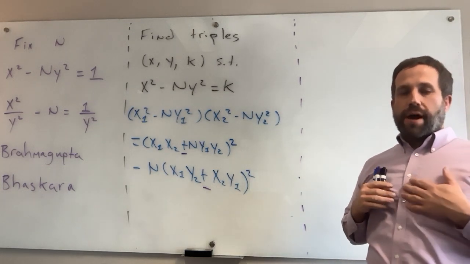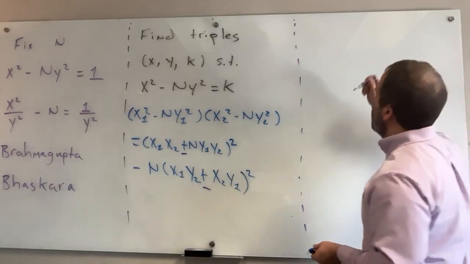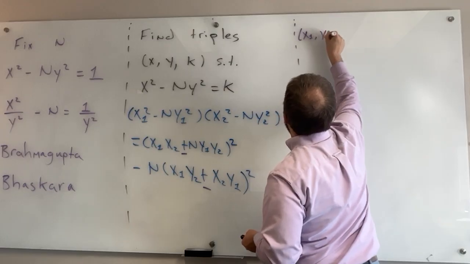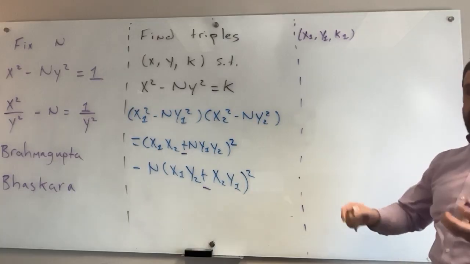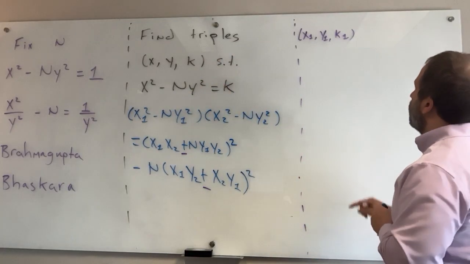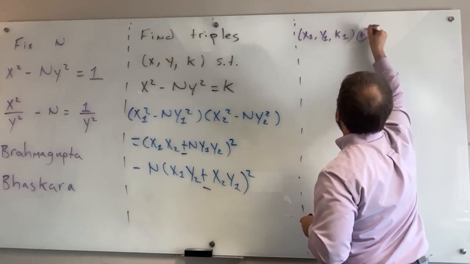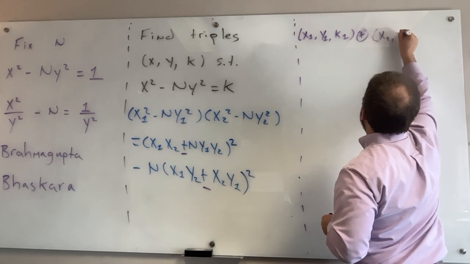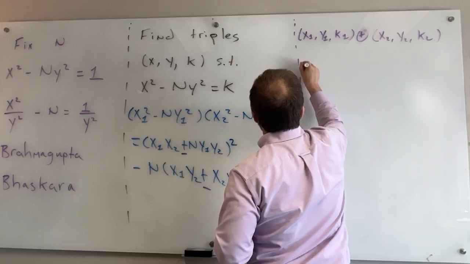And I'm going to use my own notation here. You can decide for yourself whether you like the notation or not. So if I have a triple x1, y1, k1, and they could, in practice, be triples like this, but they don't have to be, we're going to have a plus composition with x2, y2, k2. This is defined as the following.